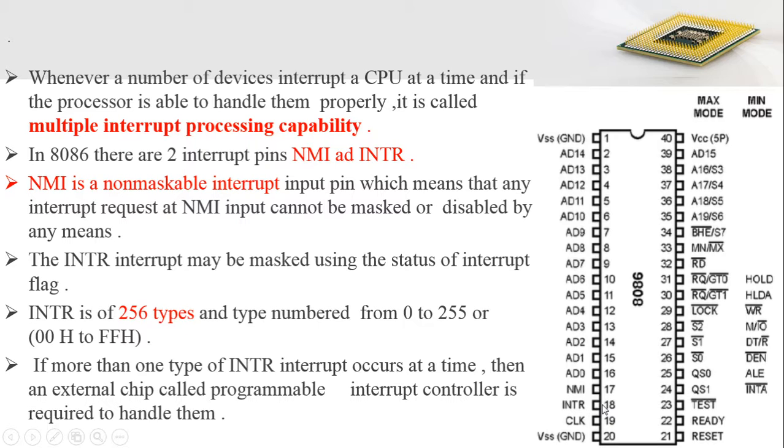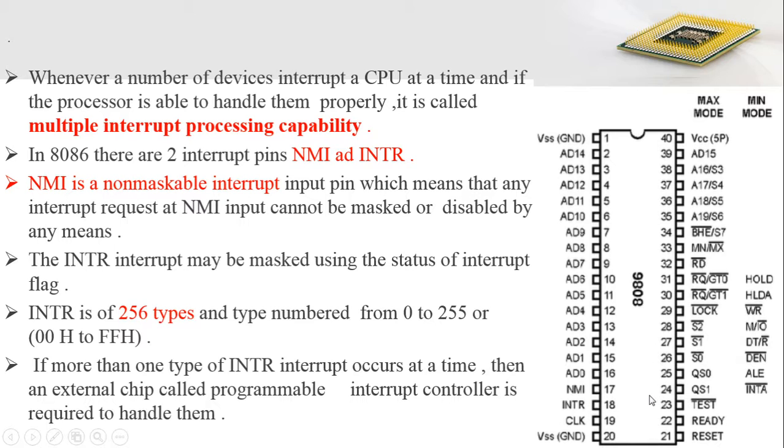and whenever an interrupt request arises through this 18th pin, its acceptance depends on the status of our interrupt flag. If the value of the interrupt flag equals 0, the processor can simply neglect the request.